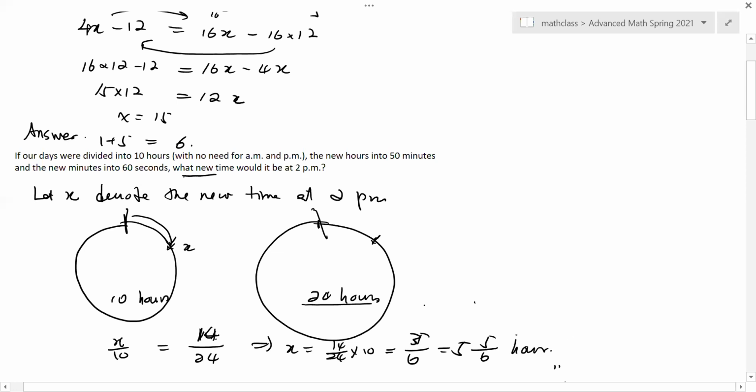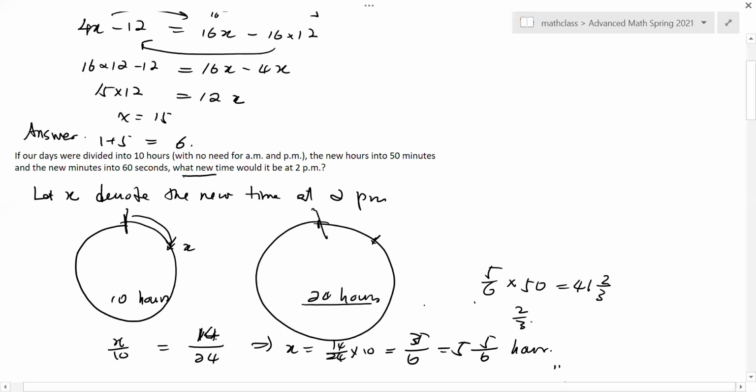Now you have to convert it to minutes in the new time system. So 5 over 6 times 50 is going to be 41 and 2 over 3, so 41 minutes and 2 over 3 of a minute.